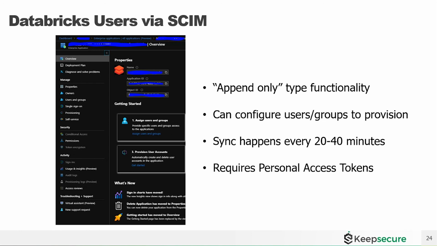At time of writing, it still required personal access tokens to set up this particular connection between Azure Active Directory and your target workspace. The idea here is that you would have one of these enterprise applications installed for each workspace you wanted to manage in this way. Then you would likely just create a group, let's say, Databricks developers, for example, that you would add users to whenever they get onboarded, and then SCIM would automatically add their user to the target workspace with that group name.